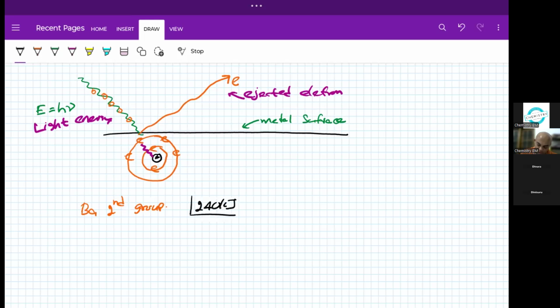That means this total energy will be absorbed by the ejected electron. Otherwise, there is no point in saying this. We are talking about how much energy is absorbed by electrons to be ejected.